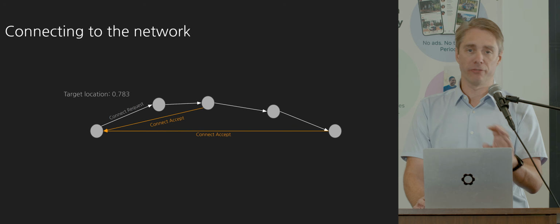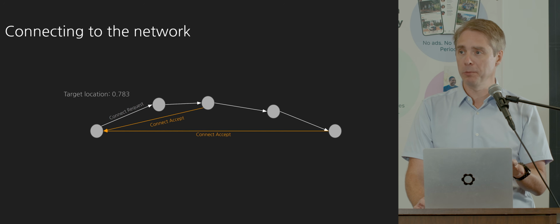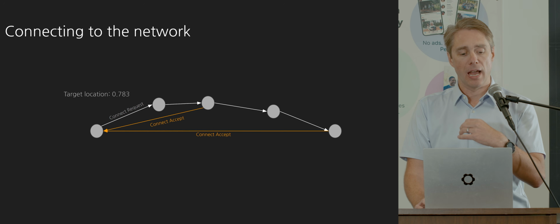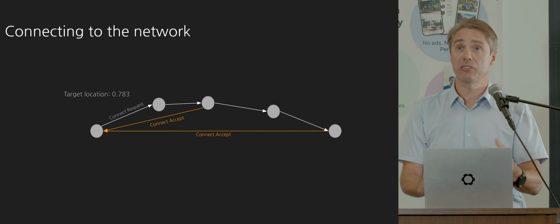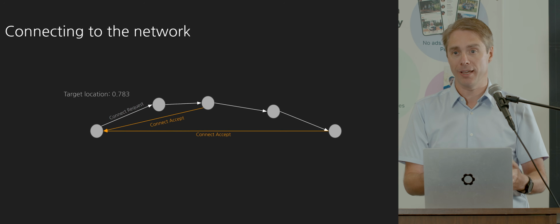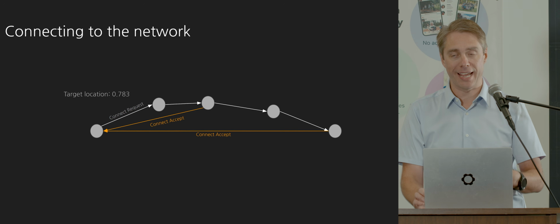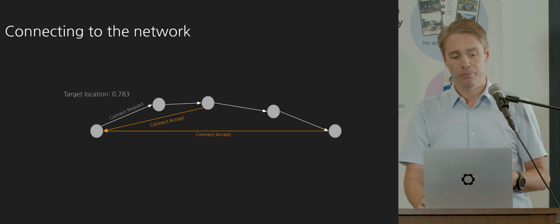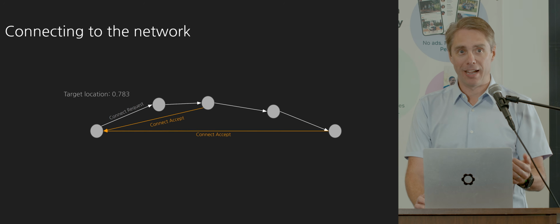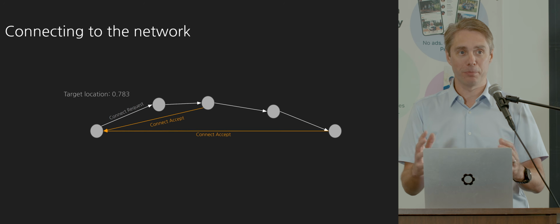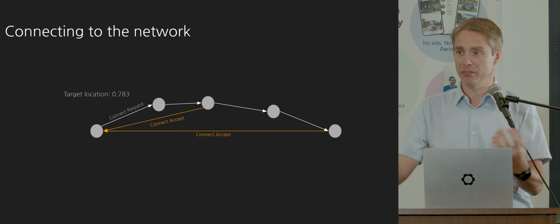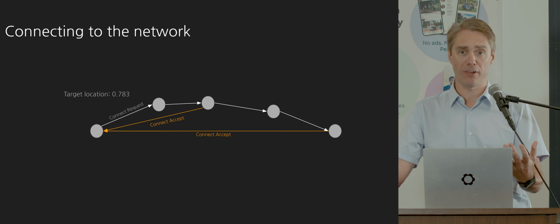Some of these peers, in fact most of these peers, will probably be behind firewalls. A computer behind a firewall is a little bit like a telephone that can make outbound calls but can't receive inbound calls. So this is obviously going to be a problem if you've got multiple peers, each of which are behind their own firewalls.